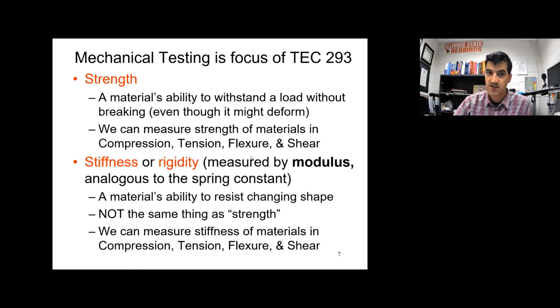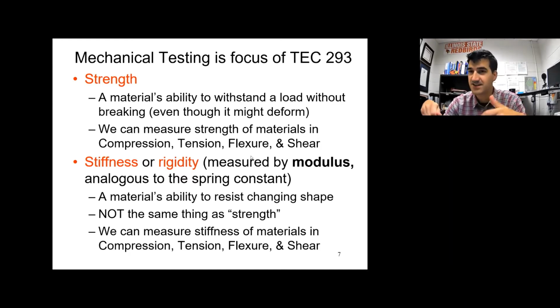That's strength. Stiffness or rigidity, they're synonymous. They mean the same thing. And we're going to measure it by something called the elastic modulus or the modulus of elasticity, or you'll also hear Young's modulus. We'll talk about that later. They all mean the same thing.